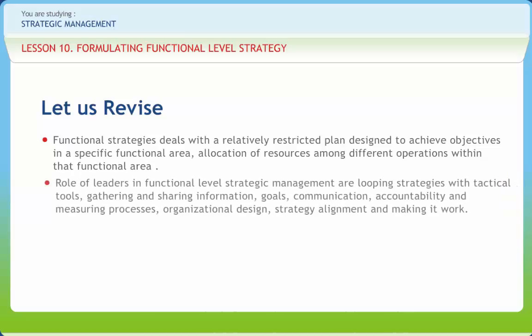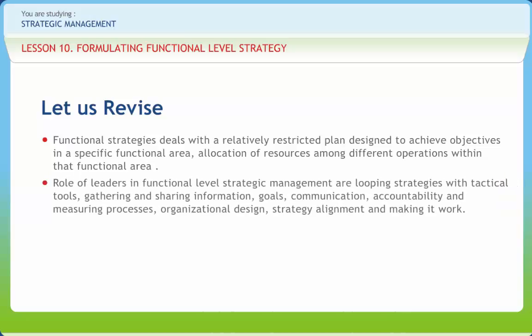Role of leaders in functional level strategic management are linking strategies with tactical tools, gathering and sharing information, goals, communication, accountability, and measuring processes, organizational design, strategy alignment, and making it work.